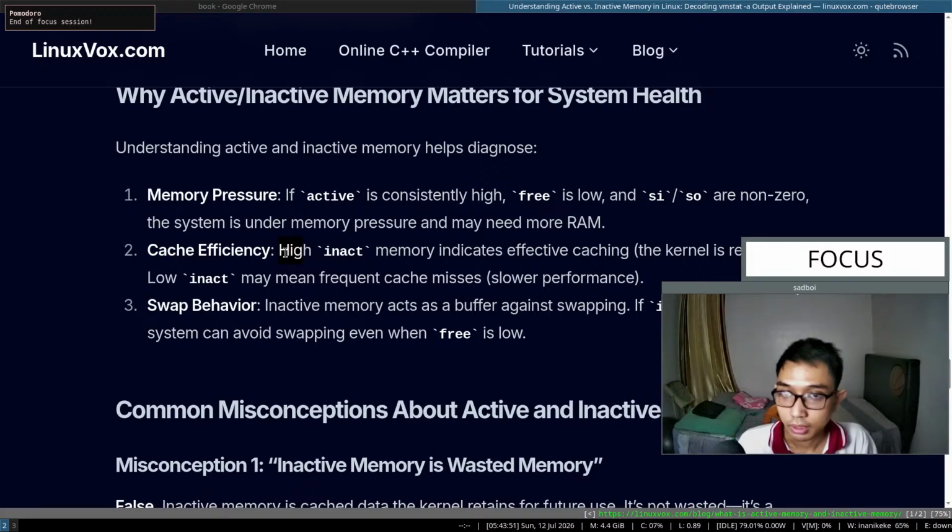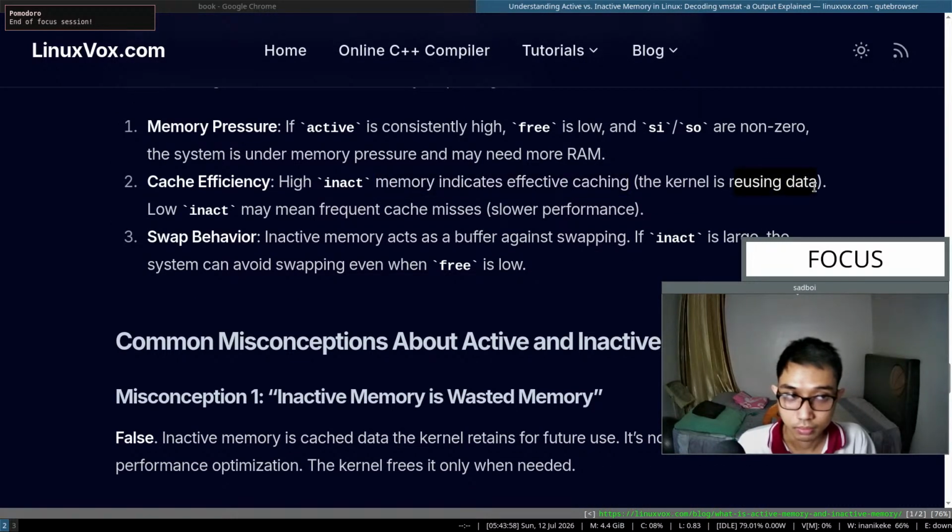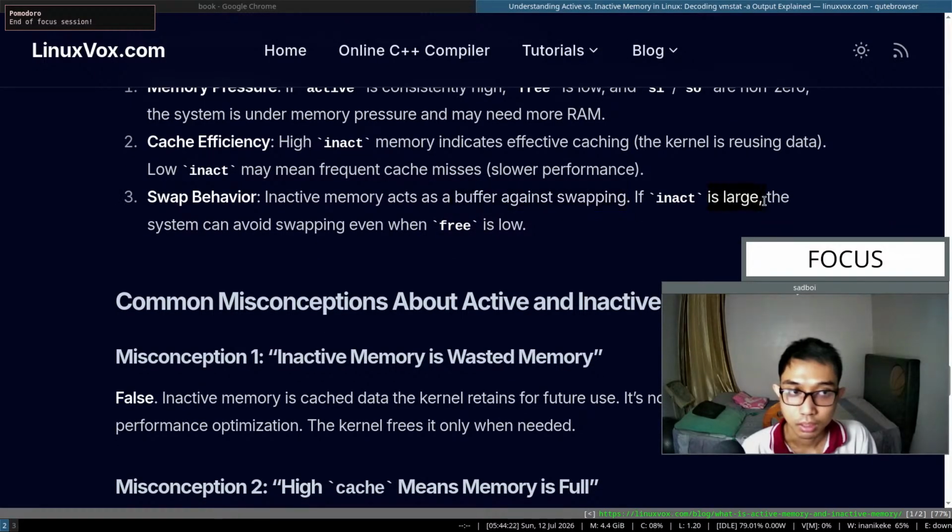Cache efficiency: high inactive memory indicates effective caching. The kernel is reusing data. Low inactive may mean frequent cache misses. Oh, okay. Interesting. Slower performance. Swap behavior: inactive memory acts as a buffer against swapping. If inactive is large, the system can avoid swapping even when free is low.